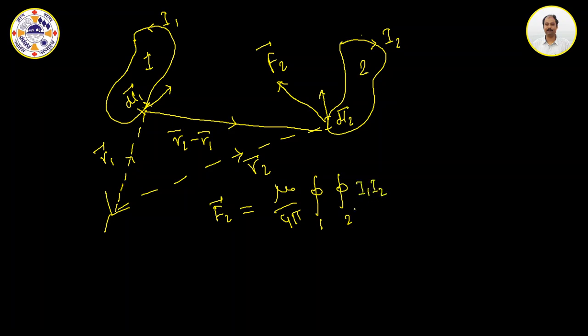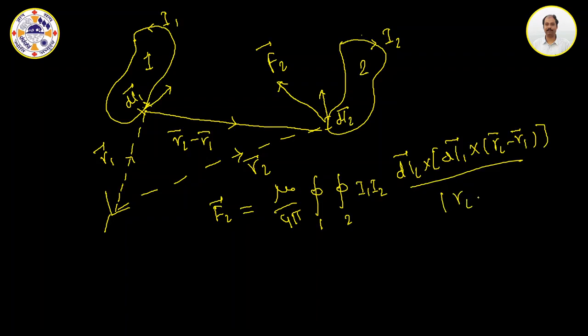I am writing I1 I2 within the integration, that does not matter, dl2 cross dl1 cross (r2 minus r1) divided by mod of (r2 minus r1) cube.